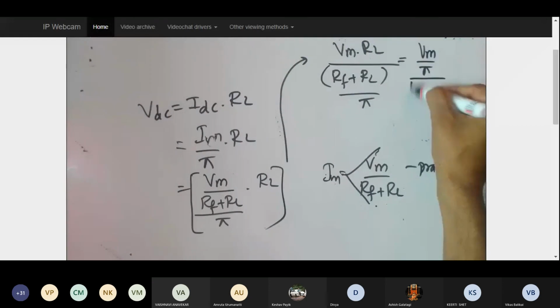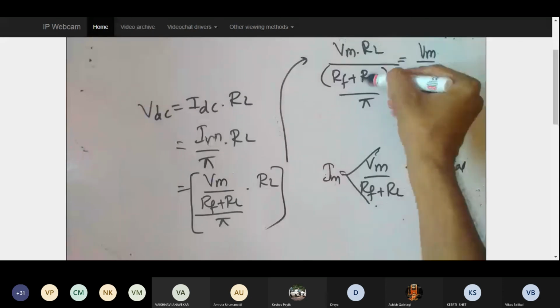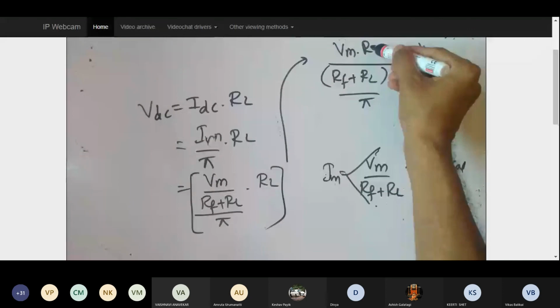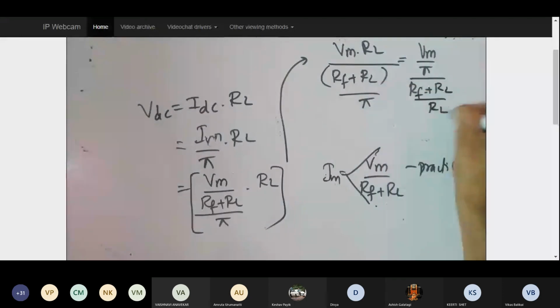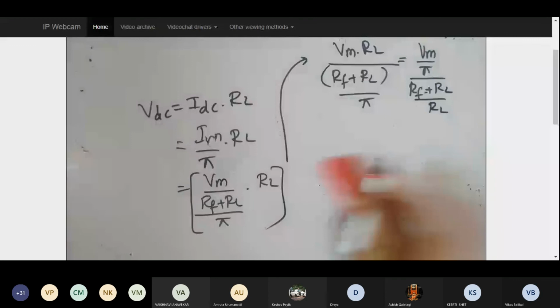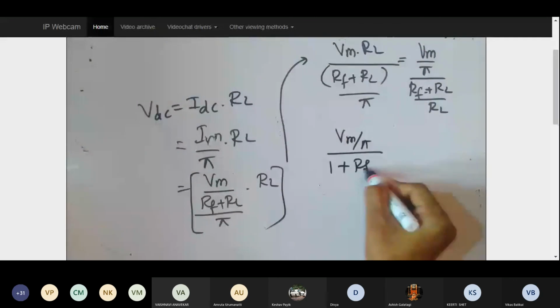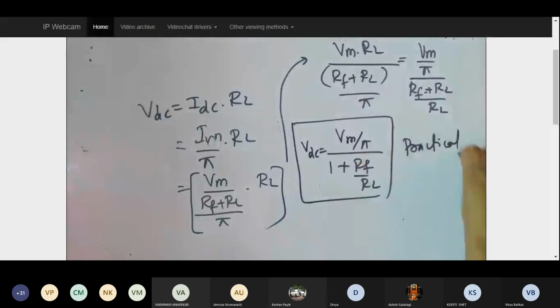Or rather, I'll divide both the numerator and denominator by RL, so RL cancels. Here it will be RF plus RL divided by RL. This pi is anyhow going up. So what am I going to get? 1 plus RF by RL. So this is my VDC practical value.